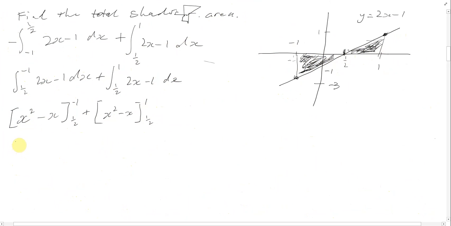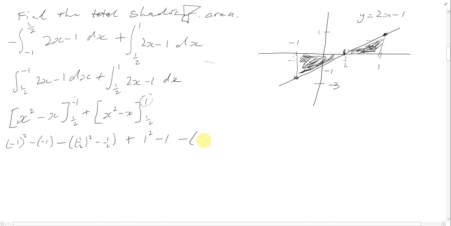Okay, so let's have a go through of this. So we've got, with minus 1 in there, a minus 1 squared minus minus 1. Take away, now with a half, we've got a half squared, take away a half. Now, this second bit, with x being 1 first off, that's going to be a plus 1 squared minus 1.